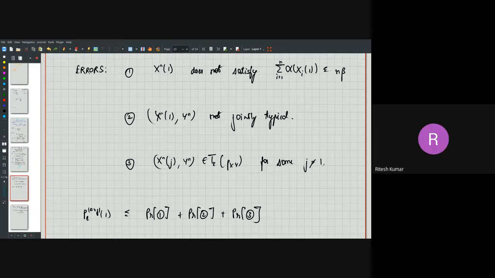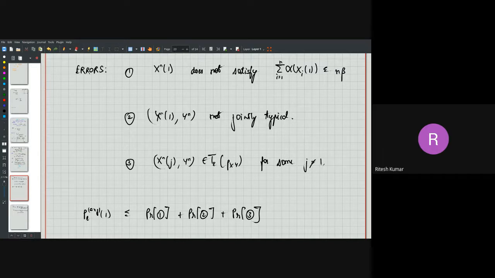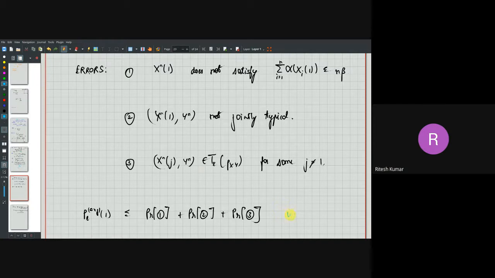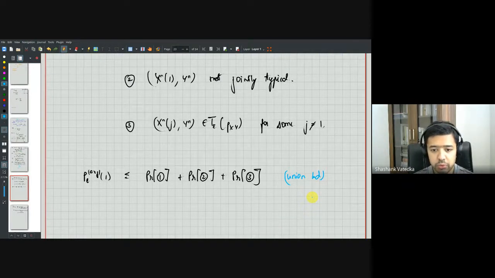Because the events are disjoint? They're not disjoint, right? It's possible that two of these could happen. It could be that yn is not jointly typical with respect to xn, and it is typical with respect to some other j. So it's just the union bound. This just follows via the union bound.